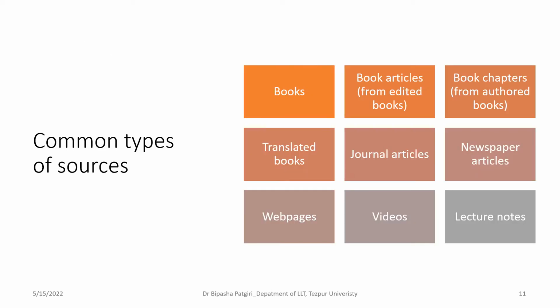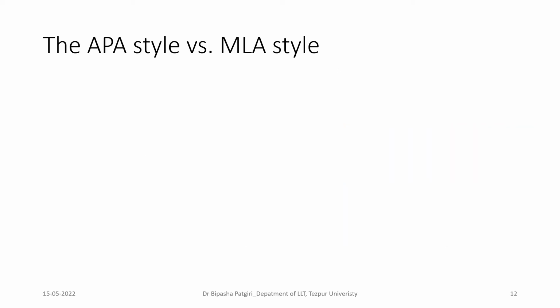Common types of sources include books, articles from edited books, chapters from authored books, translated books, journal articles, newspaper articles, web pages, videos, lecture notes. So anything and everything can be the source of information for you. And for each type of source, there are different referencing formats. We will come to those.